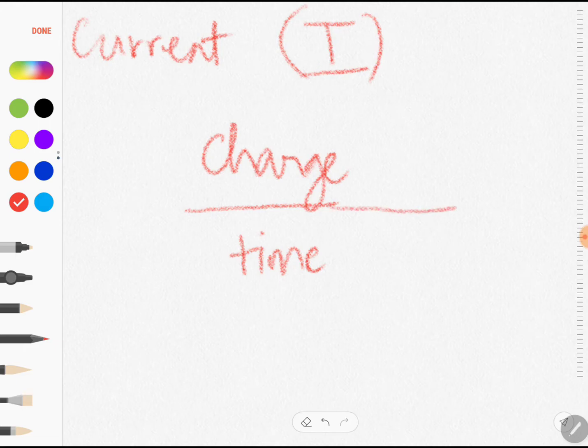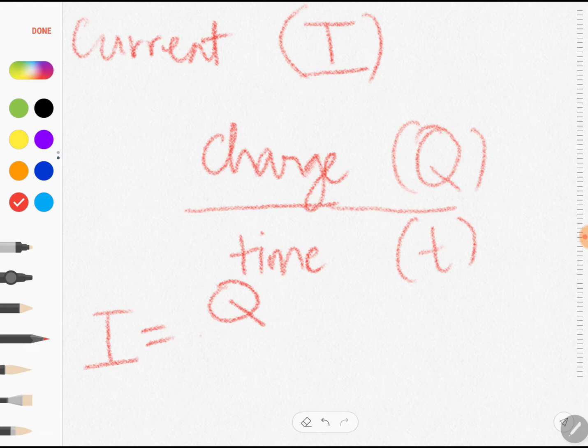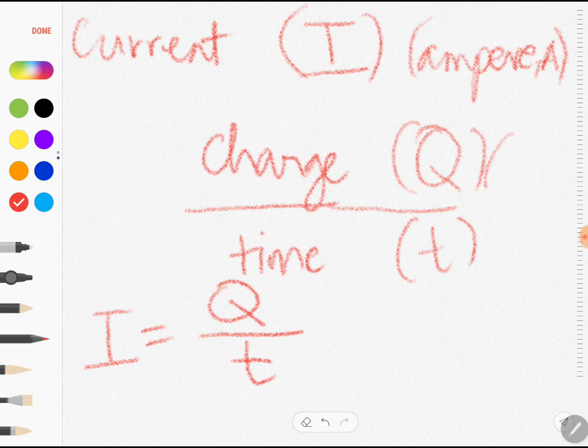Maybe let's use Q, and then time for T. So in formula, we know that current is the amount of charge that flows through a cross-sectional area of a wire per unit time. And for the SI units, the SI unit for current is ampere, or capital letter A. The SI unit for charge is coulomb, capital letter C. And the SI unit for time is second, or S.